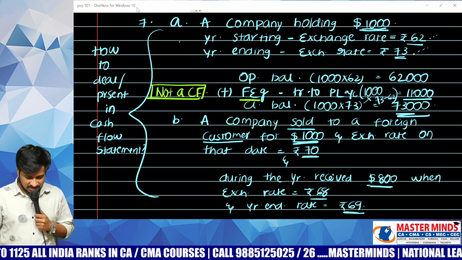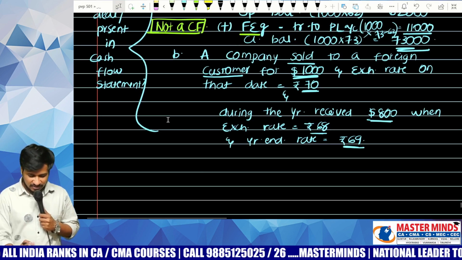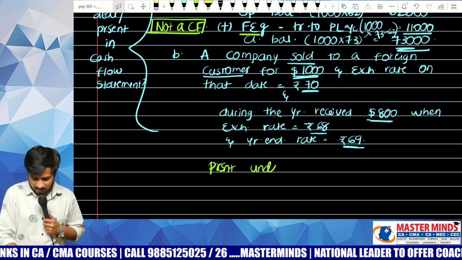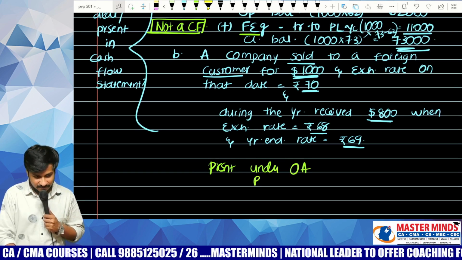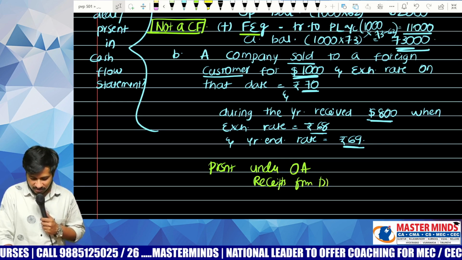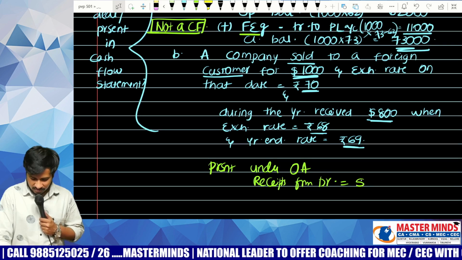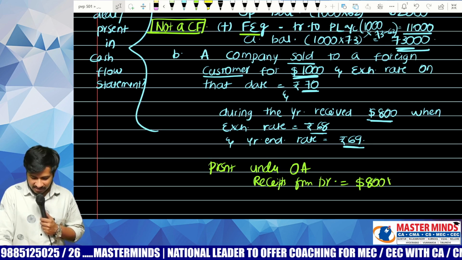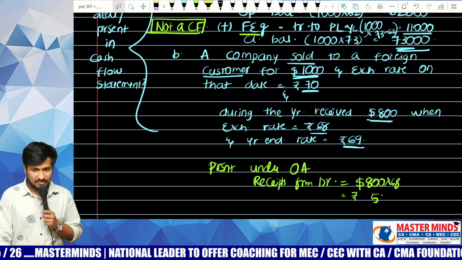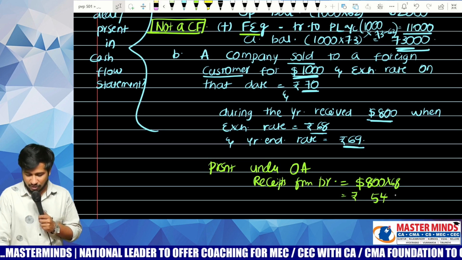Now coming to the next one. In cash flow statement, present under operating activity like receipts from debtor. How much, sir? $800 multiplied by 68, which comes to rupees 54,400.